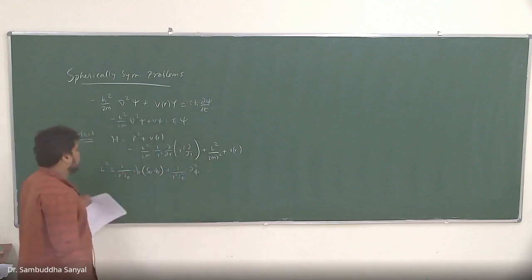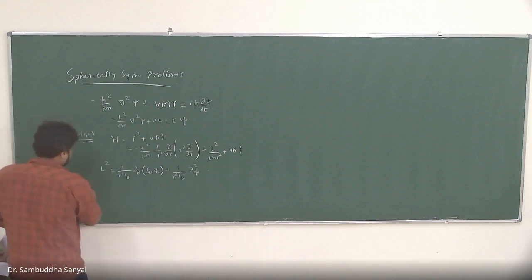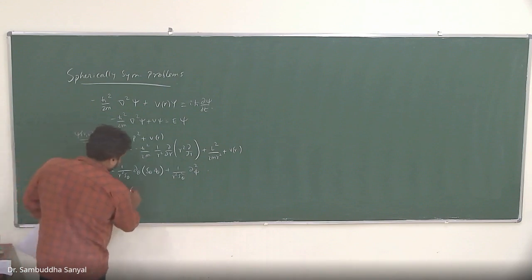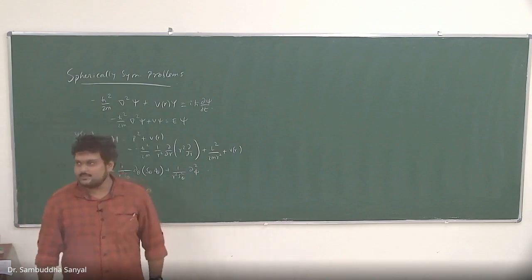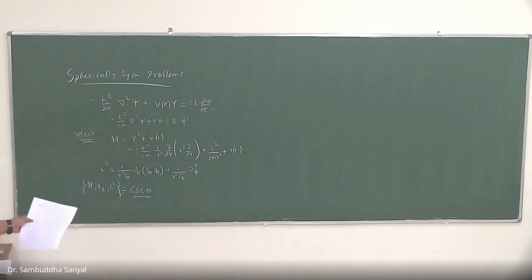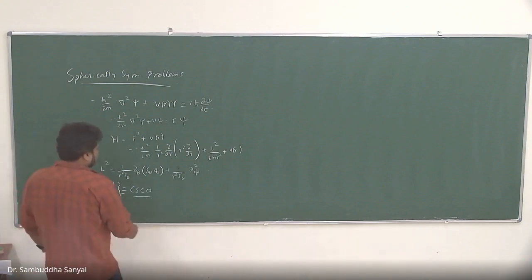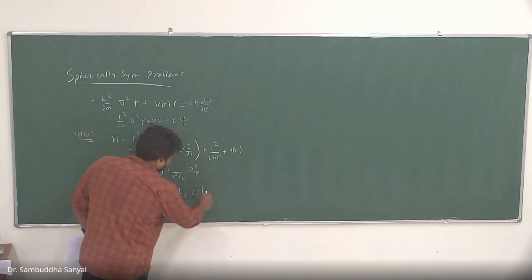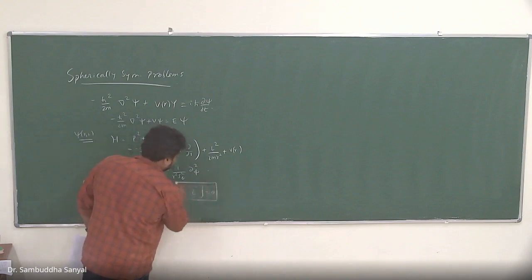Okay, and we also showed that these three form a CSCO. Although there are more conserved quantities, we choose these 3 mutually commuting quantities to get the CSCO, and therefore I want to find the common eigenstate of Lz and L squared. So I set out to do that.